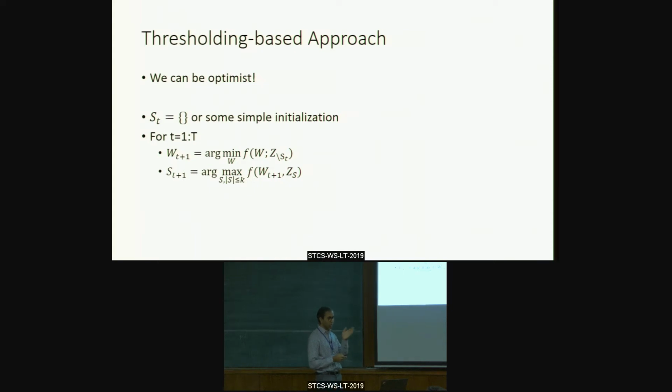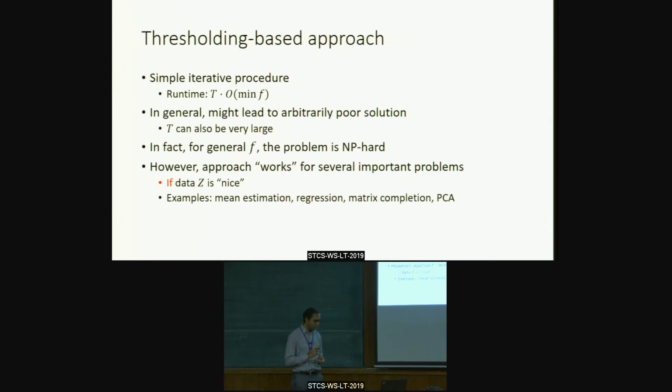Then we will find all the points that have very large loss. We will say that those are outliers, threshold them away, and just iterate. So this is as easy as it can come. But it turns out that this very simple algorithm, with a little bit more bells and whistles, can solve several interesting problems. Now, if you look at the analysis of this algorithm, yeah.